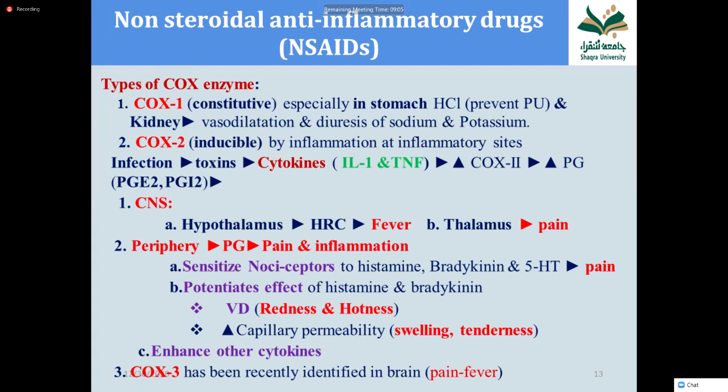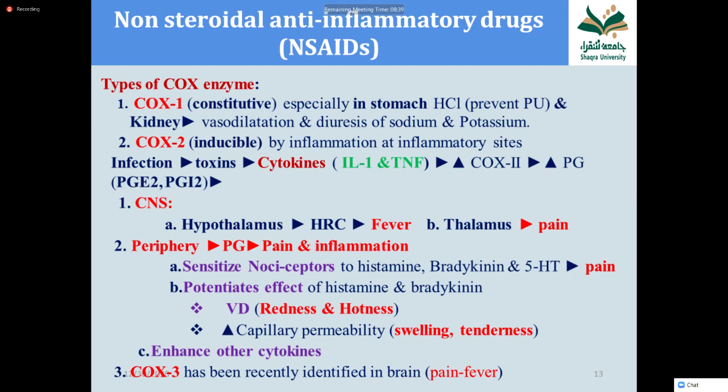So these non-steroidal anti-inflammatory drugs, as we have seen, act on the cyclooxygenase enzyme. The cyclooxygenase enzyme is divided into COX-1, which is constitutive, means it is already present in the normal condition, whereas COX-2 is inducible.